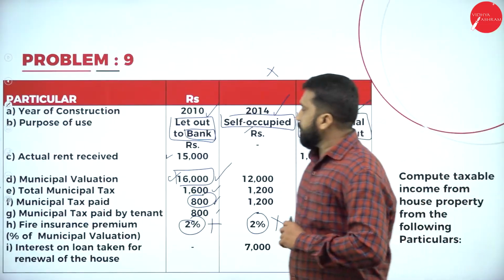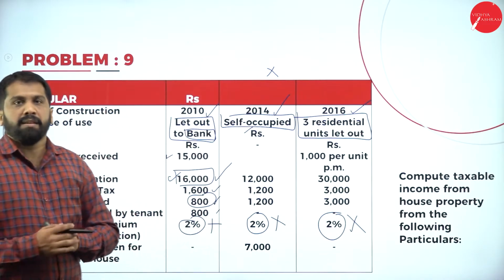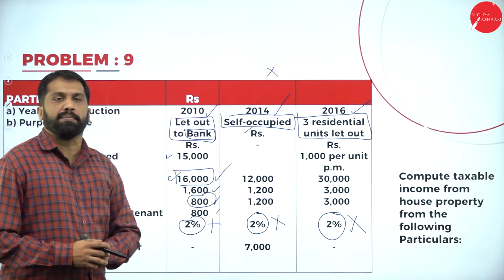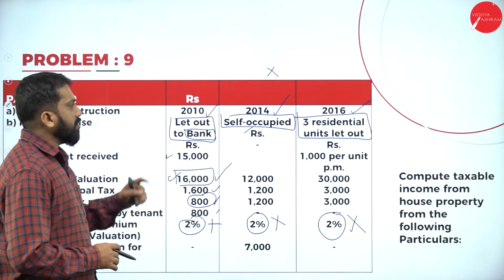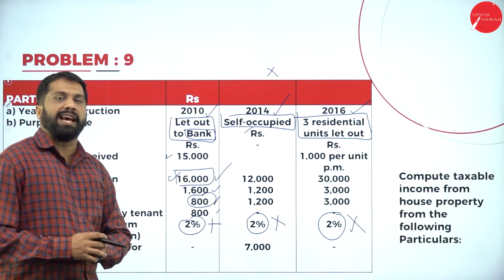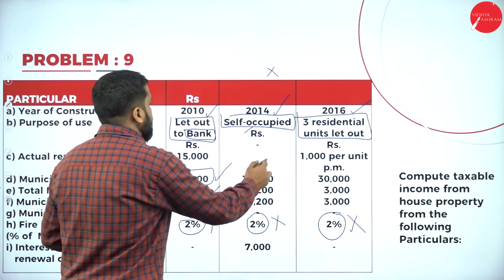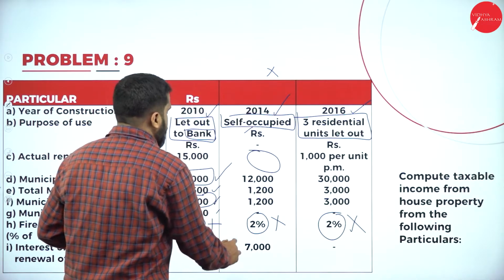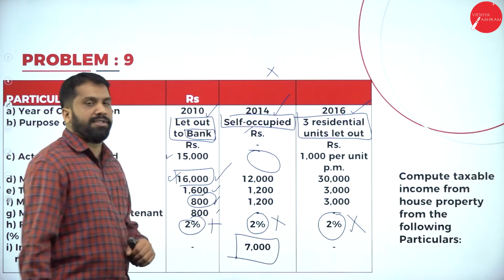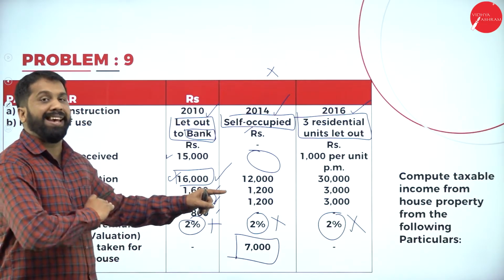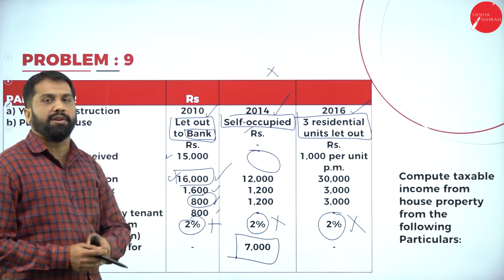As I told you, the second house is self-occupied. If it is self-occupied, do we calculate anything? No. So everything is 0. But we consider the interest part. Except interest part, we are not supposed to take anything if it is self-occupied.